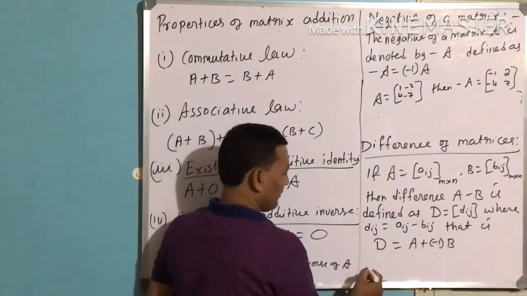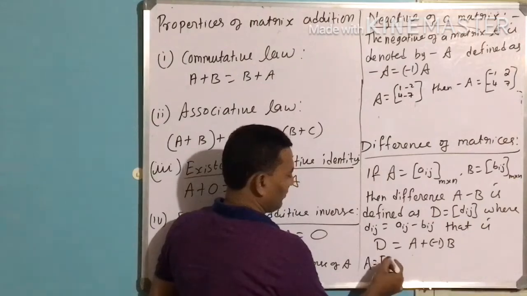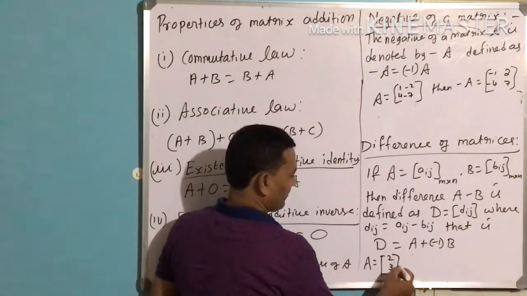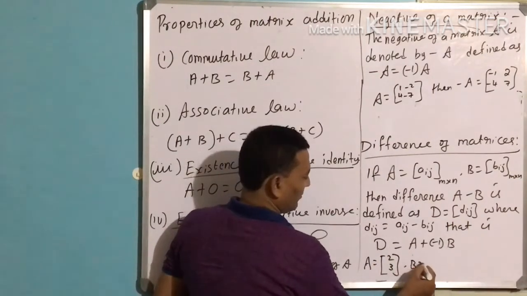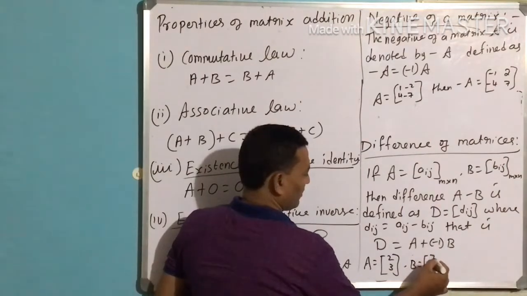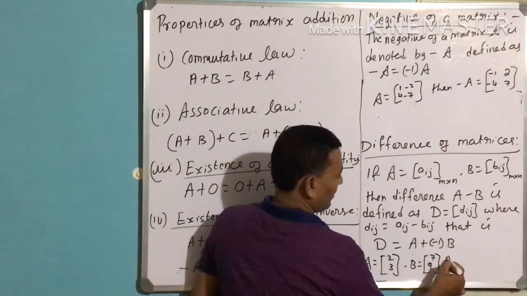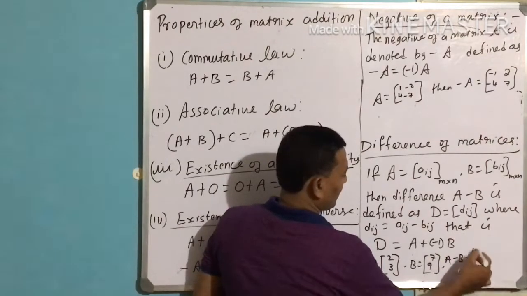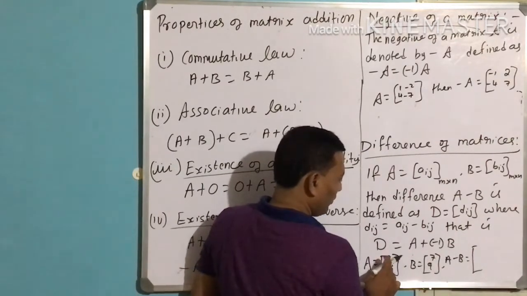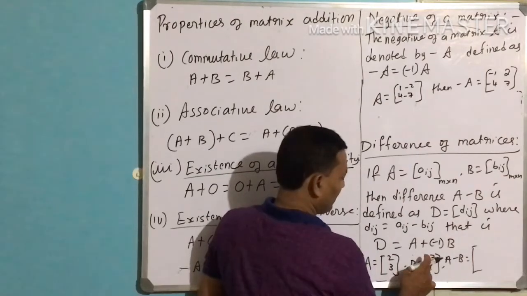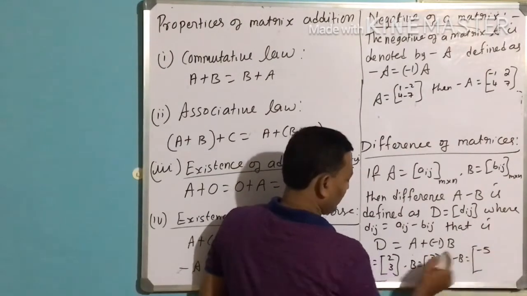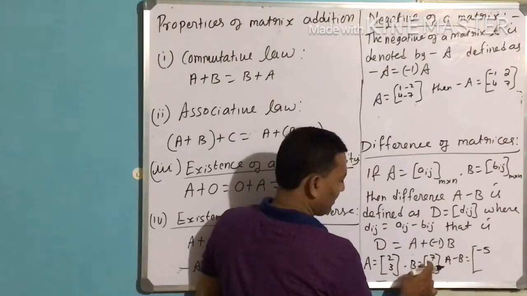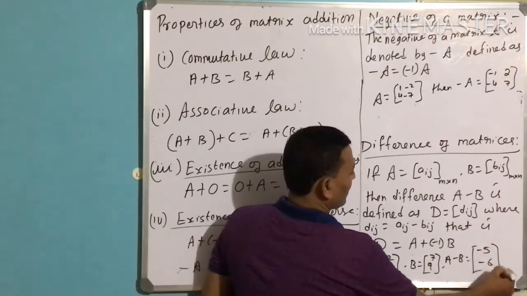For example, if A is equal to 2, 3 and B is equal to 7, 9, then A minus B will be equal to 2 minus 7, that is minus 5, 3 minus 9, that is equal to minus 6.